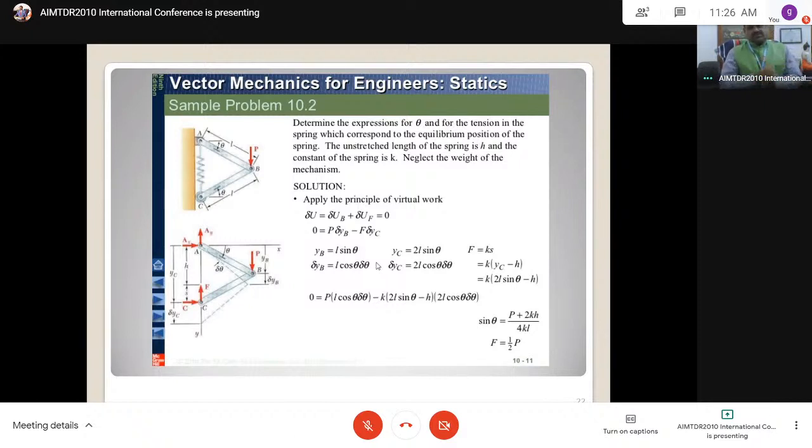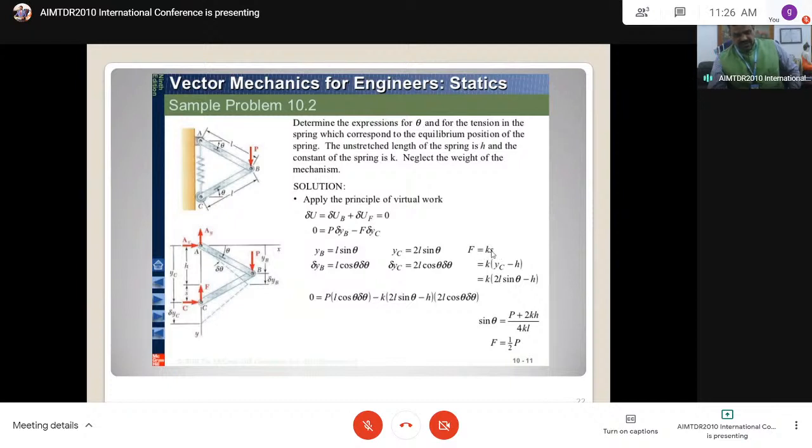See now, this virtual displacement you have to count: delta yb, differentiate L sin theta becomes L cos theta into delta theta, delta yc is 2L cos theta into delta theta. And spring force is equal to spring stiffness, that is Newton per meter, into length.